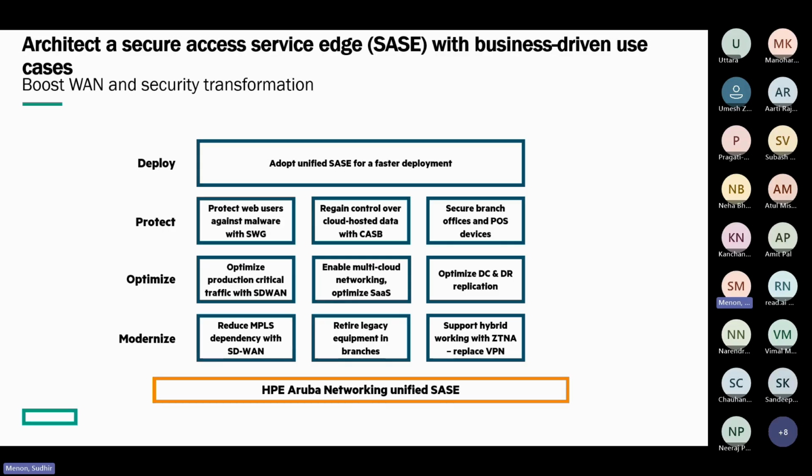Retiring the legacy branch equipment, with one single EdgeConnect solution, multitudes of your branch solutions like your firewall, WAN optimization, and telemetry can be replaced with a single EdgeConnect appliance. And with a hybrid ZTNA, both agent and agentless, you can secure the connections of both your employees and subcontractors.